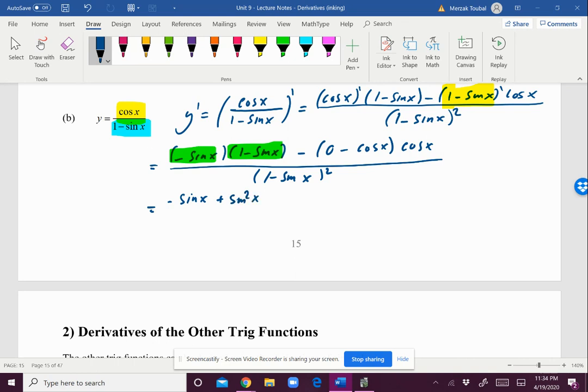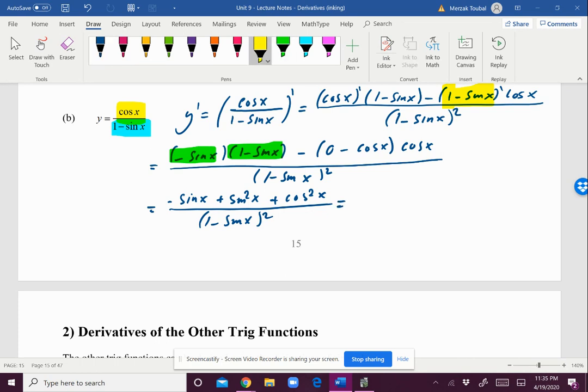You just distribute negative sine times 1, which is negative sine. Negative sine times negative sine is sine squared, positive sine squared. And then minus 0, which we don't have to write down, minus cosine, that's plus cosine times cosine. So it's plus cosine squared x. All divided by 1 minus sine of x squared.